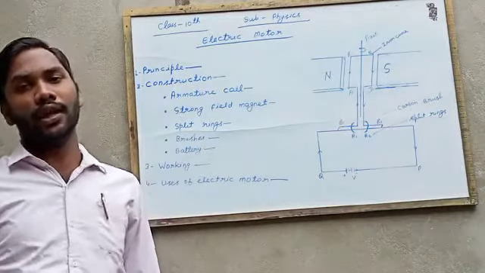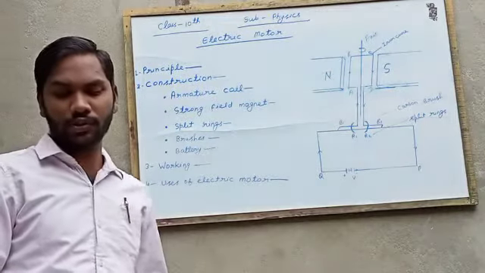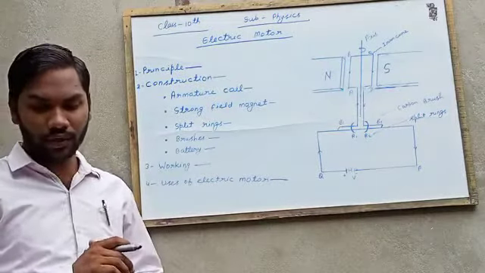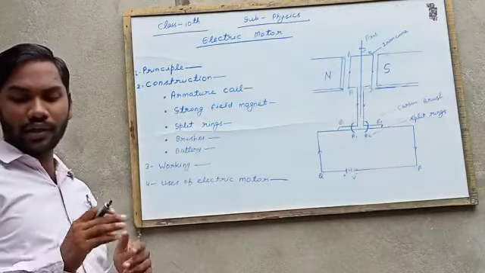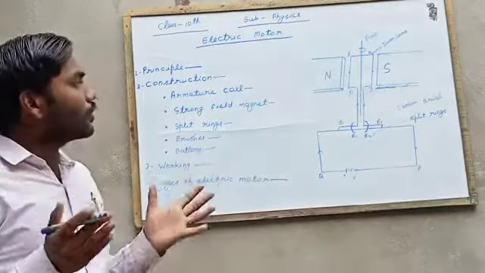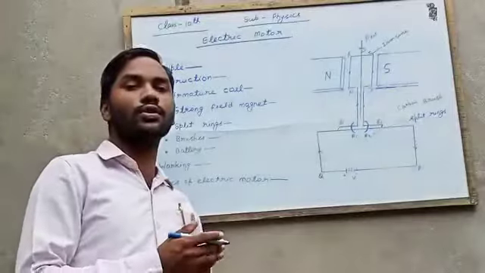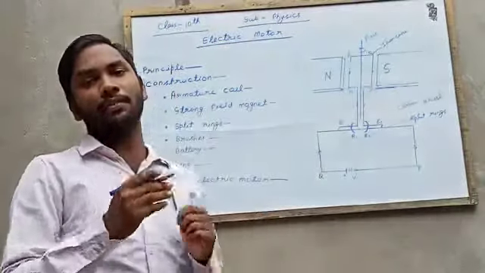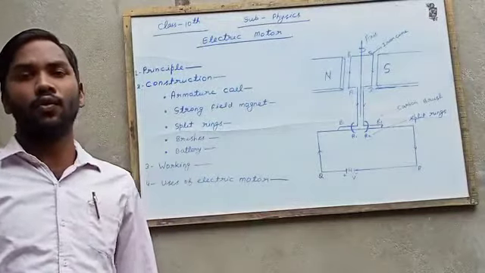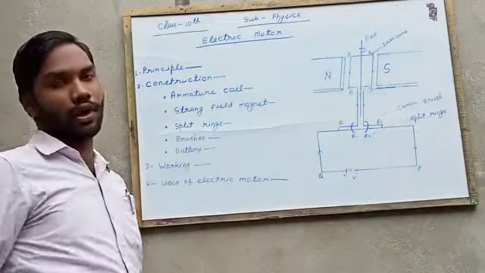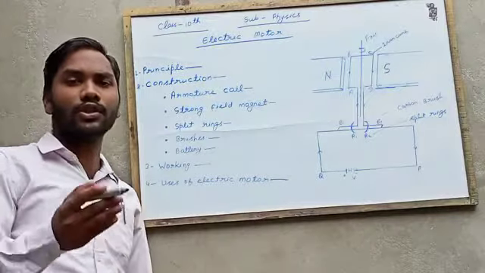When electric current is passed through a rectangular coil in a magnetic field, at right angle to the magnetic field, a force which is perpendicular to both the rectangular coil and the magnetic field acts on it and rotates the coil. So this is the principle.